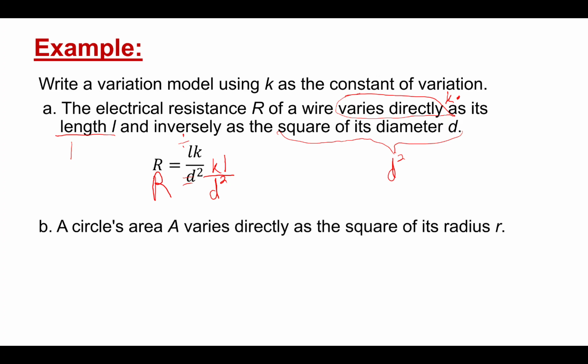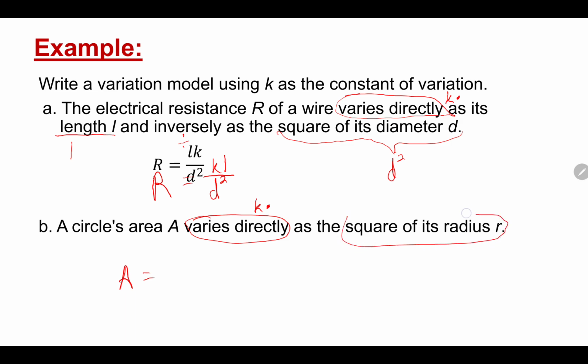And then let's see, here's another one. A circle's area, A, varies directly as the square of its radius. So again, A is what I'm starting with. It's equal, so it varies directly. So that is K times the square of its radius.